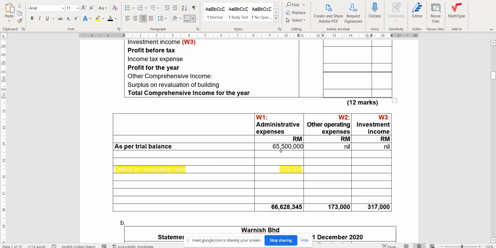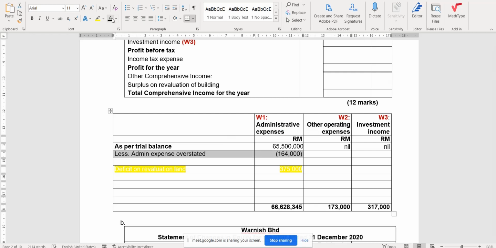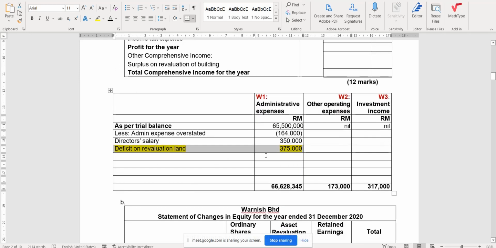So first, the trial balance shows the admin expenses was 65.5, and there was an error, admin expenses that was being overstated because the payment to the trade payable was wrongly charged to the admin expense. So you have to remove that. The next one is you record the director's salary, and also the adjustment regarding revaluation deficit on land. That was 375. That is part of the admin expense.